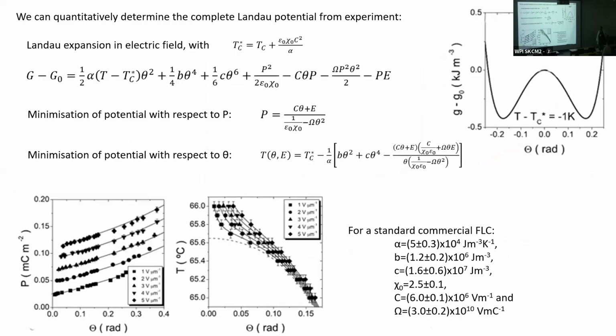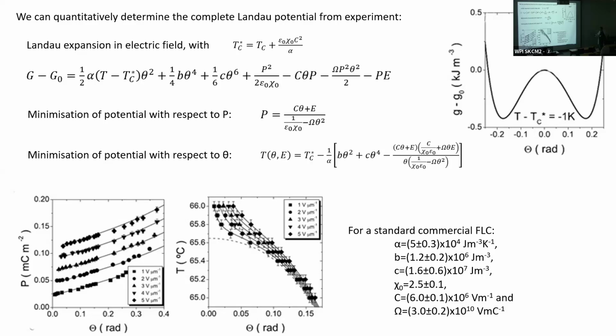And if you apply an electric field, well, then you have an electric field term as well, where the polarization couples to your electric field. And if you take this whole Landau expansion and minimize that with respect to the polarization and with respect to the tilt angle, you end up with these two equations.